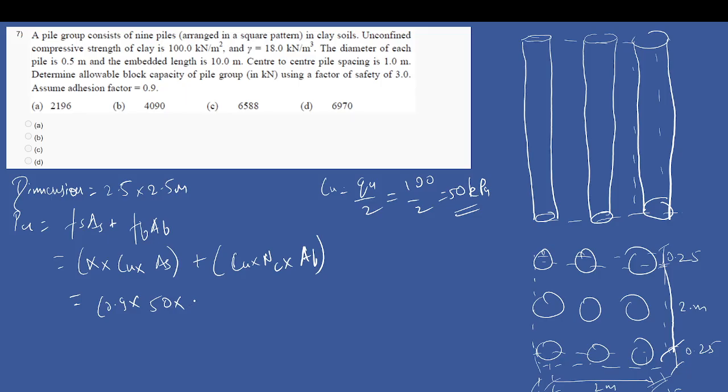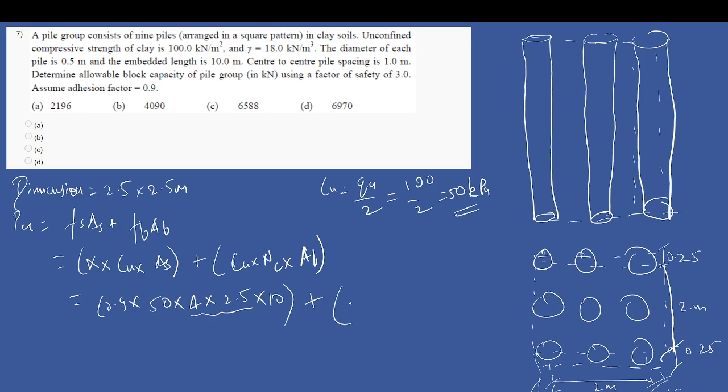So Cu is 50. As is basically your 4 into 2.5 into L, 10. Did you get this? Yes, sir. 4 into 2.5 is basically your perimeter, and when you multiply it with the length, that will be your longitudinal surface area.